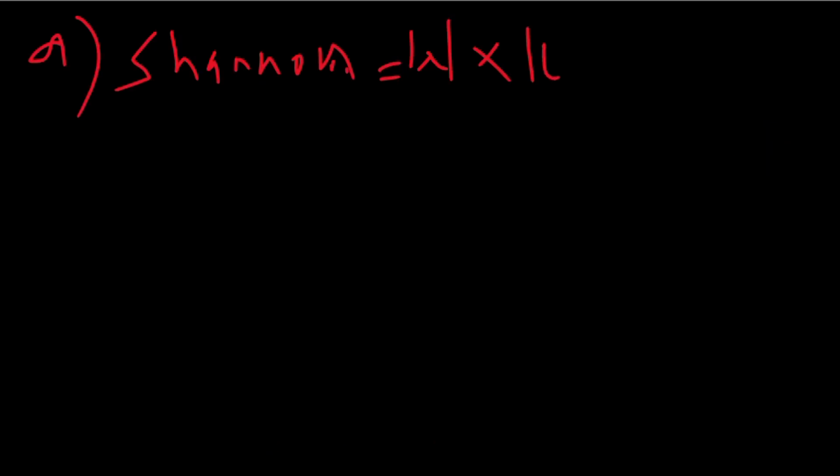Alright, so let's substitute the values into it and then complete it. The Shannon capacity is going to give us the bandwidth, which we found was 1 megahertz. So the bandwidth was 1 megahertz.